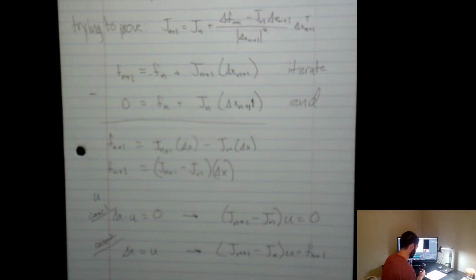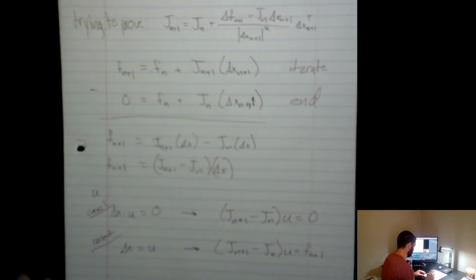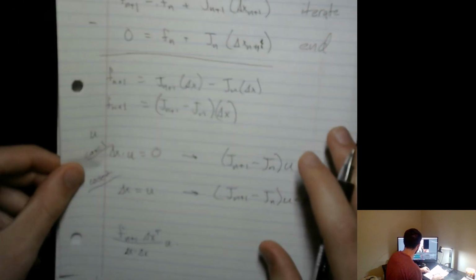So Broyden's idea, basically, is that f of n plus 1 times delta x transpose over delta x dot product delta x, times this vector u, is a formula we can use. I wrote that down off screen.